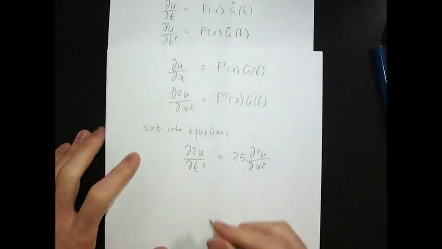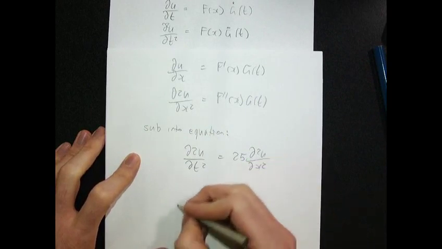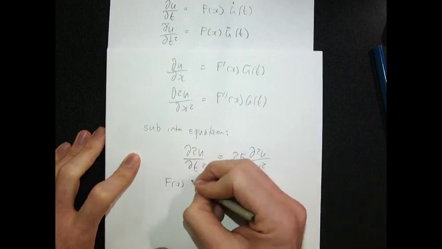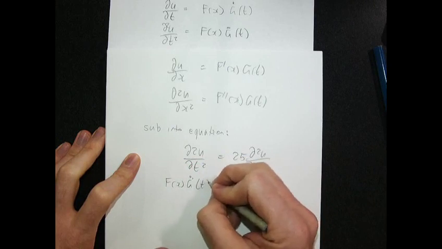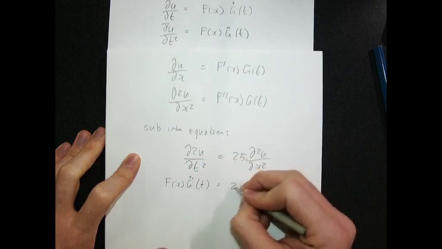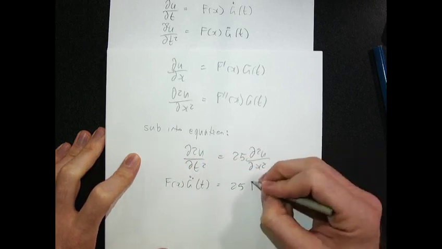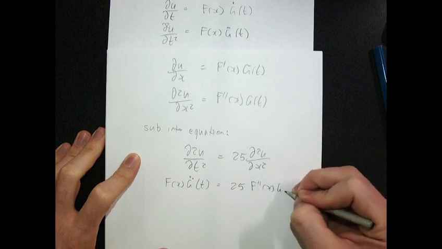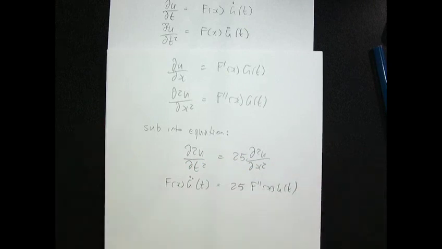And then we figured out that d squared u on dt squared was that, and d squared u on dx squared was this. So that's my first step. I'm now up to something that involves these new functions f and g.